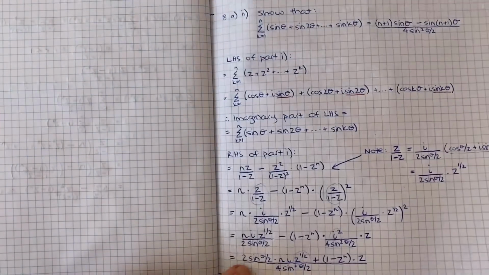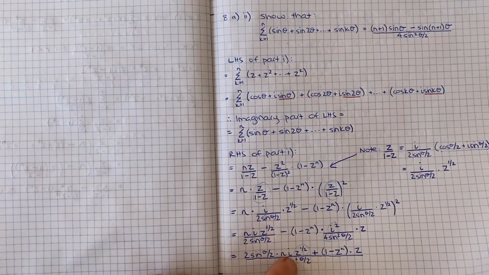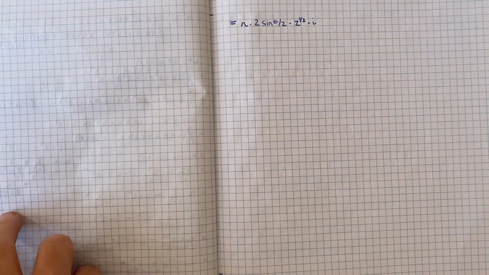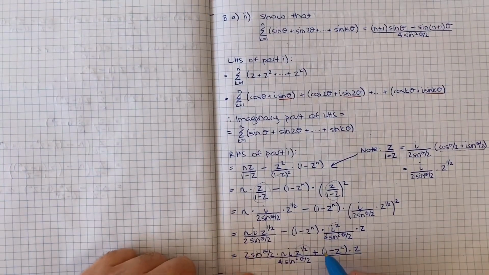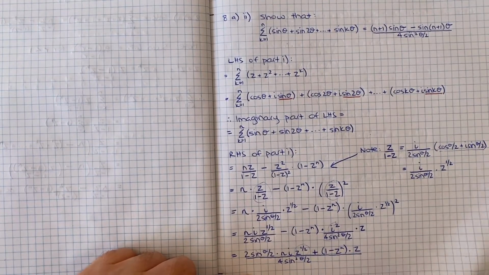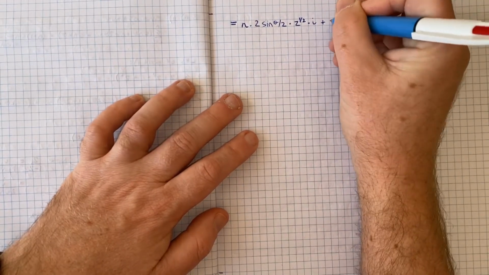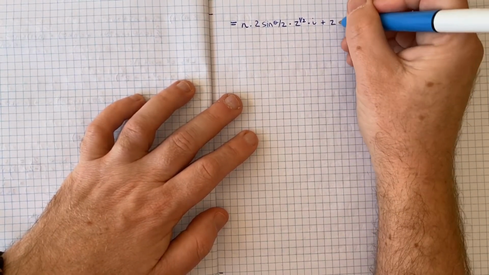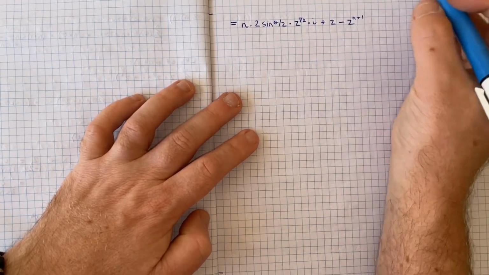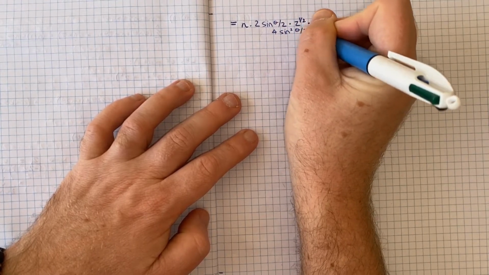So we got n times 2 sine theta on 2, z to the half times I. Can't forget about that I. And what we can do is expand this bracket. So it'll be plus z minus z to the n plus 1. So we'll get plus z minus z to the n plus 1. And that is all still over 4 sine squared theta on 2.